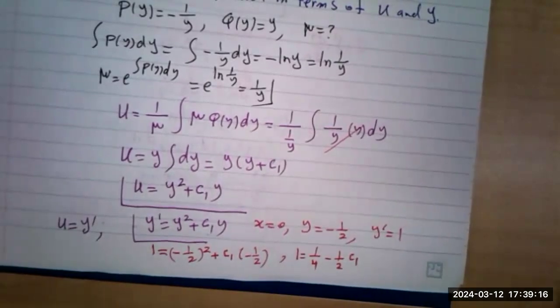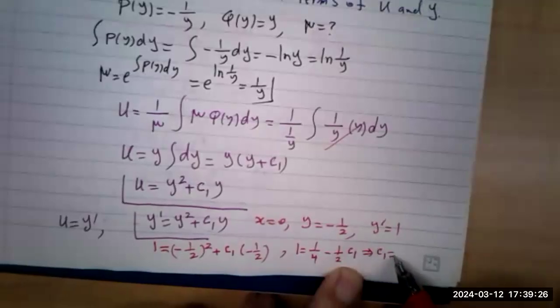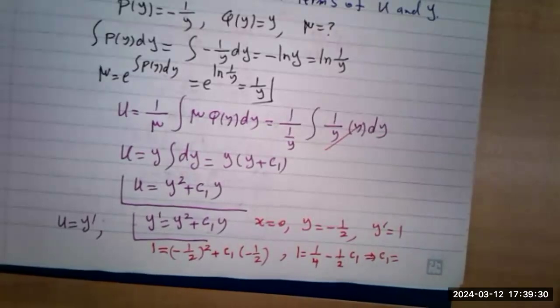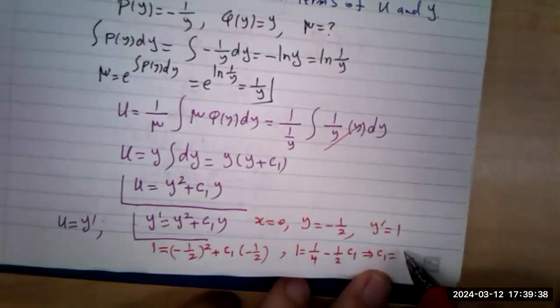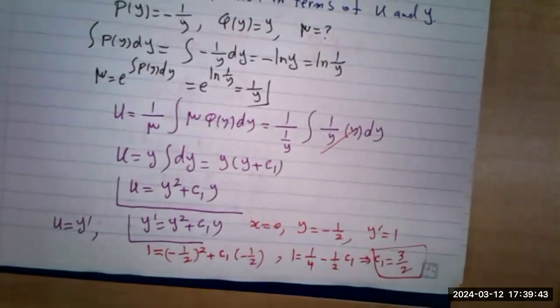You move a quarter to the other side, that gives 3/4, and then you multiply by 2. Eventually, I think c1 would be negative 3/2. I mean, you can do it like this: 3/4 equal to negative 1/2 times c1, and then you simplify it. That will give you 3/2. So that would be your c1.